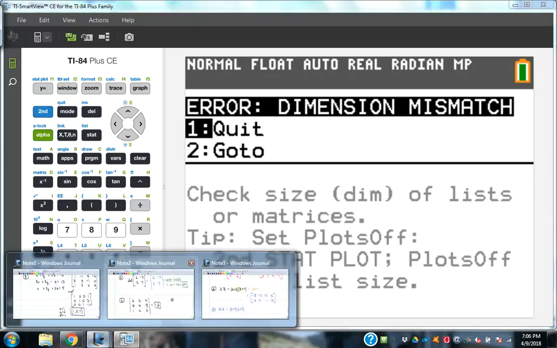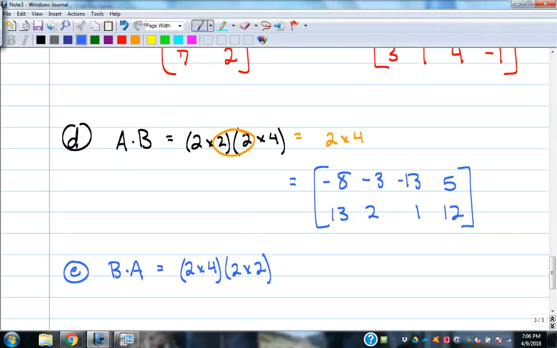The reason it's a dimension mismatch is I look at the size of the matrices. The left matrix is 2x4. The right matrix is 2x2. The numbers in the middle don't match. If they don't match, then it's an undefined operation. So you would write undefined.